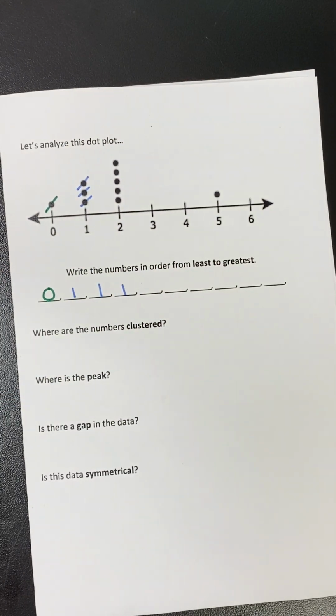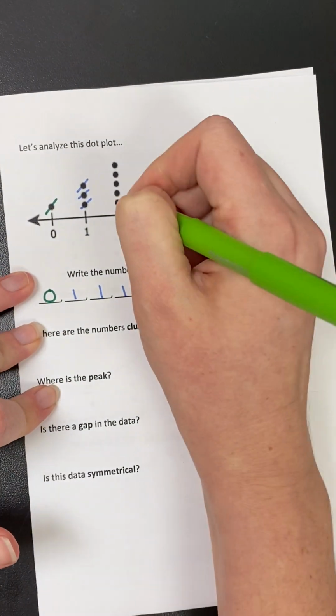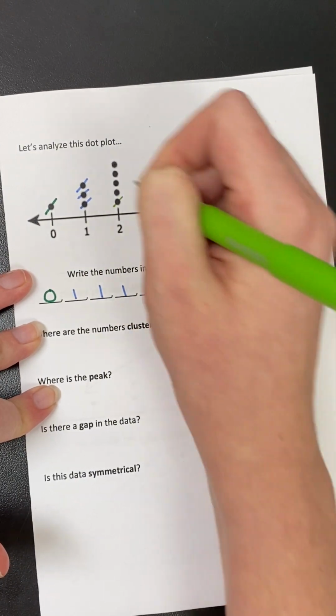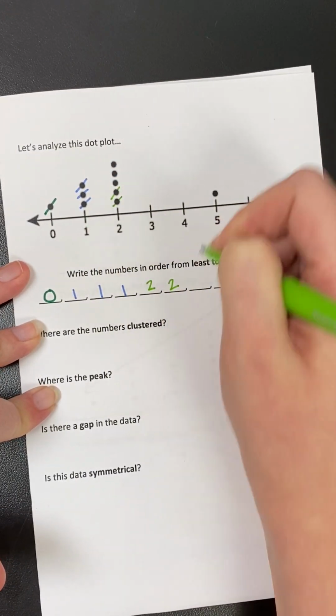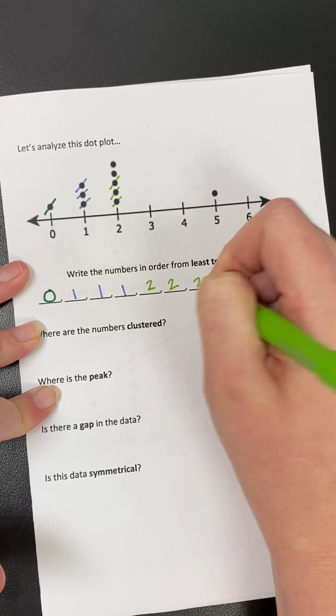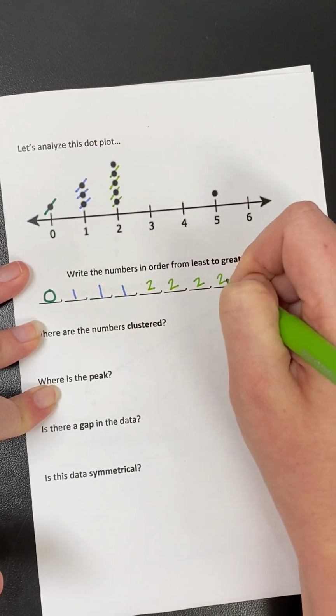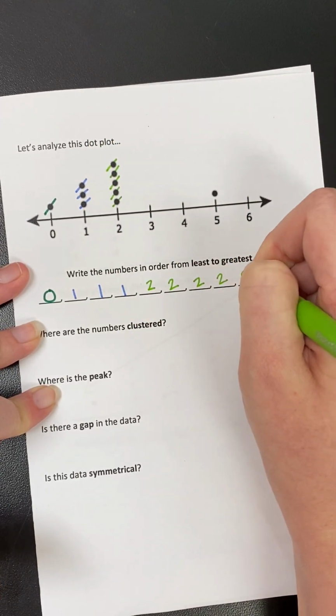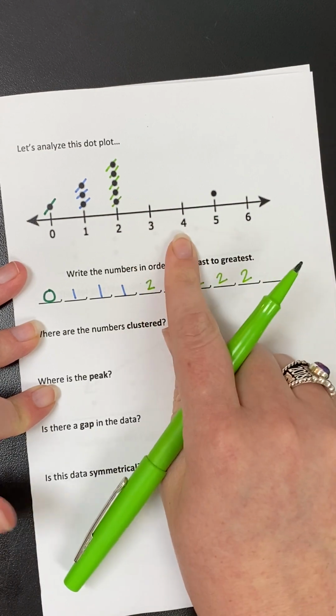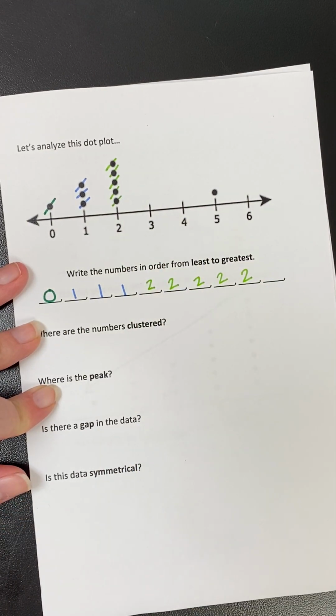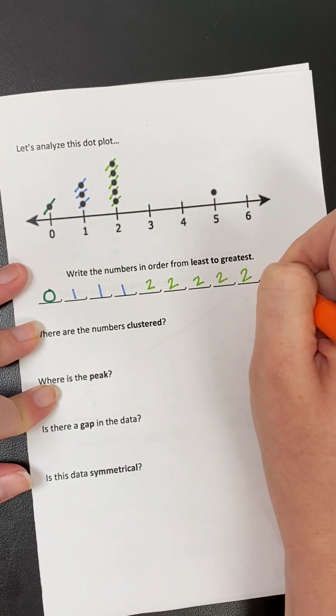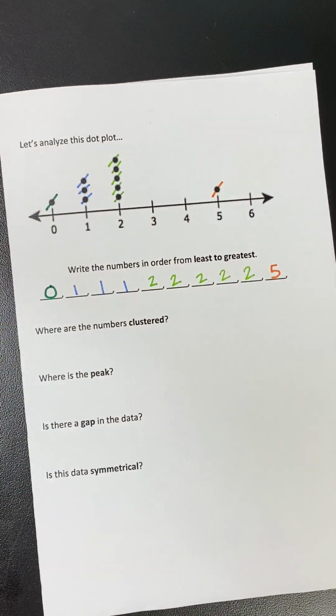Okay. Next I have a 2, a 2, 2, 2, and 2. I do not have any 3s or 4s. And then lastly, I have 1 5. So those are my numbers in order from least to greatest.